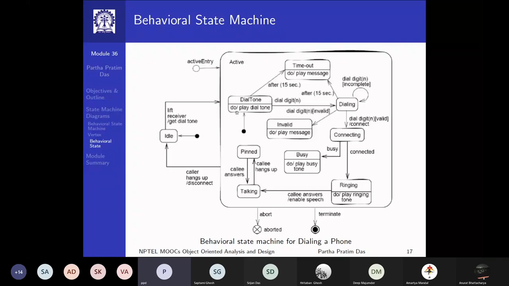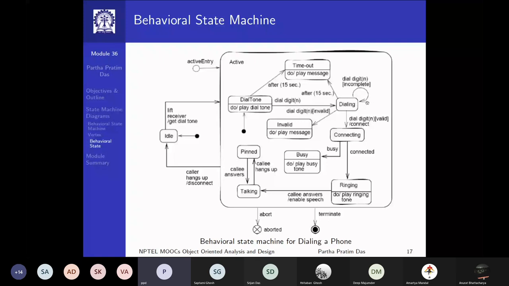That is when we start trying to call up someone. In that state, the action is play dial tone. And then we keep on pressing the digits, which is this trigger where you dial some digit. Once you do that, you get into dialing and continue to be there.